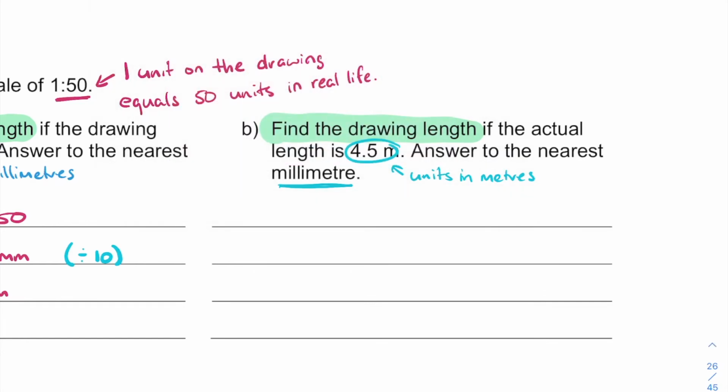This time I'm going to start with drawing length. Previously, I was looking for the actual length. This time, I'm looking for the drawing length, so I'm going from the real to the picture. Now I'm going to go 4.5, and this time I'm going from big to small, so I want to divide.